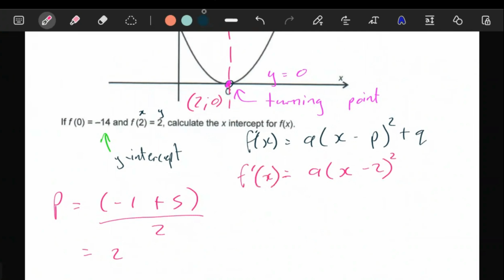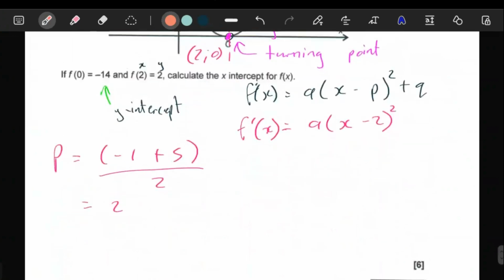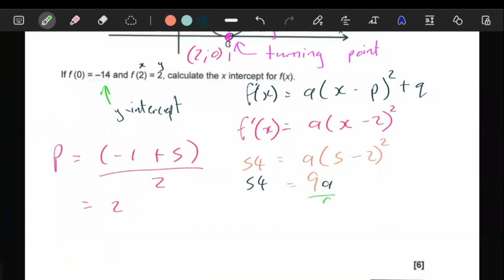To get a, we can just throw in a coordinate that the graph passes through. We can use 5 and 54. So 54 equals a times (5 - 2) squared, which is 3 squared, a 9. So 9a equals 54. Divide by 9 on both sides. 54 divided by 9 is 6.